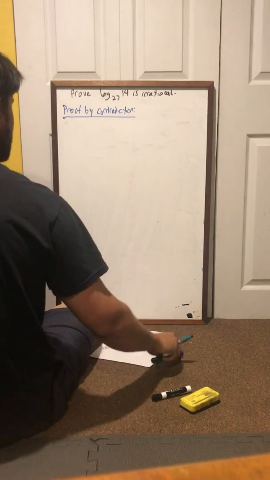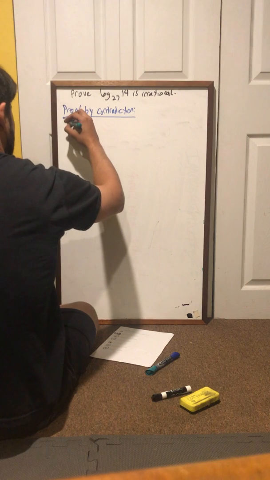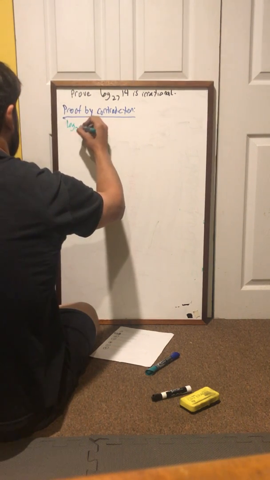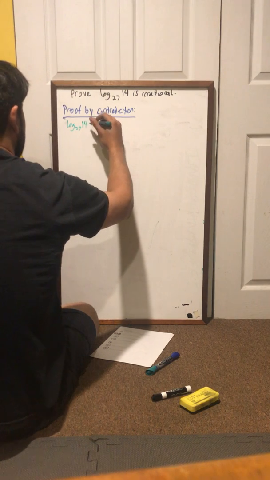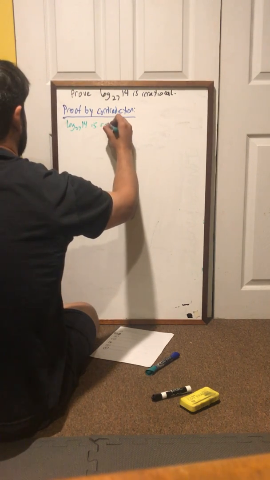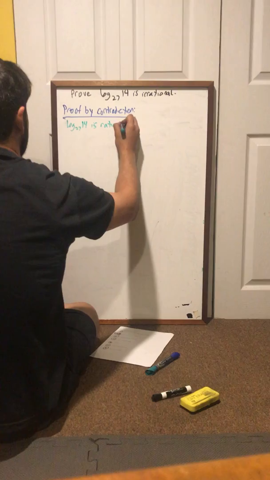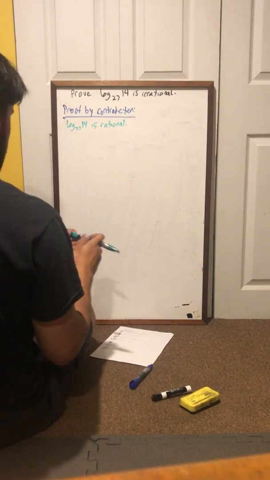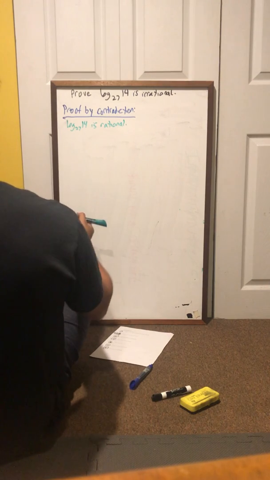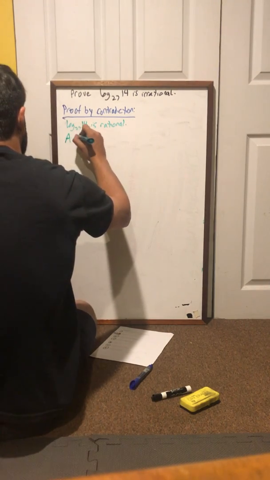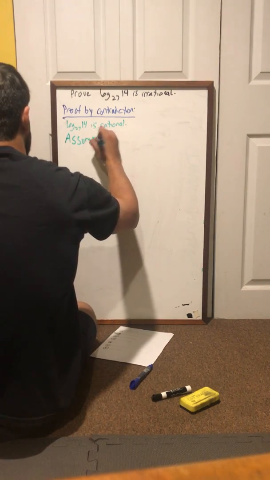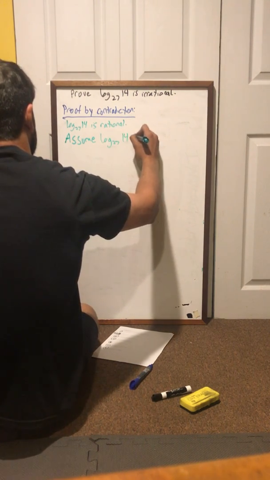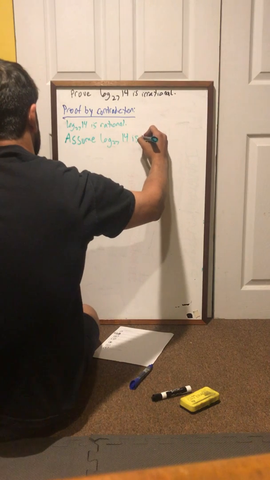We're going to say the proof by contradiction, log base 27 of 14 is rational. So assume log 27 of 14 is rational.